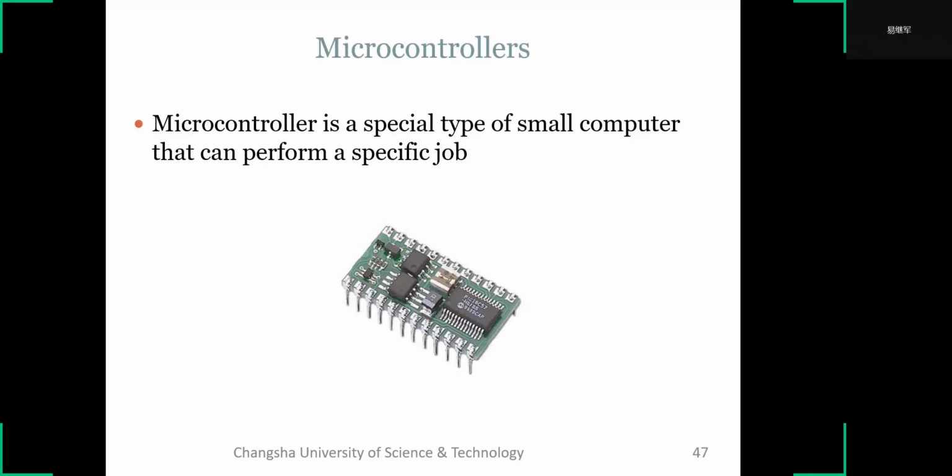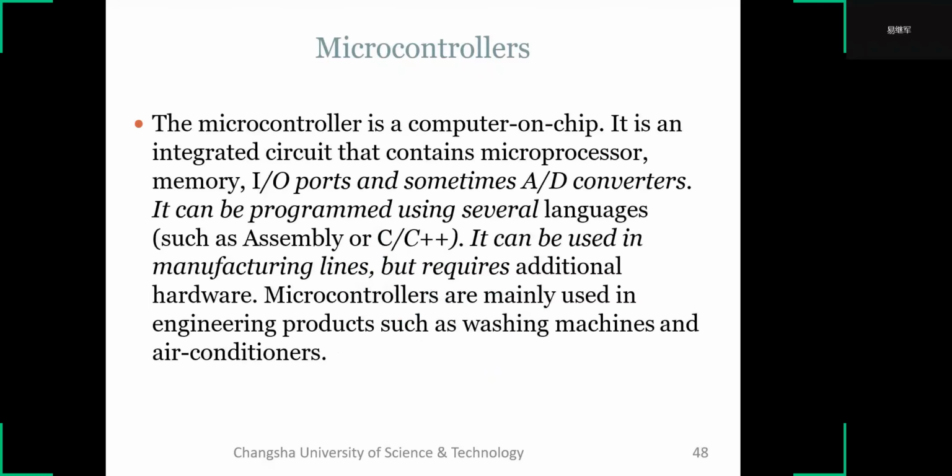A microcontroller is a special type of small computer that can perform a specific job. A microcontroller is a computer on a chip. It is an integrated circuit that contains a microprocessor, memory, I/O ports, and sometimes AD converters.